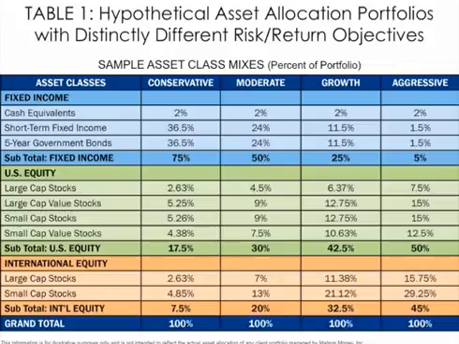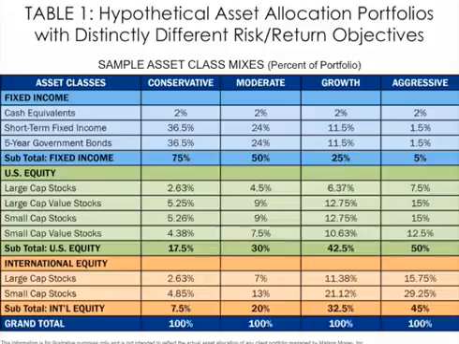Now, the conservative portfolio is going to be based on 75% fixed and then 25% spread over U.S. and international equity. A moderate, sometimes called a balanced portfolio, is going to be 50% in the fixed and 50% in the equity, international and U.S. equity. It's why it's balanced, 50%, 50%.